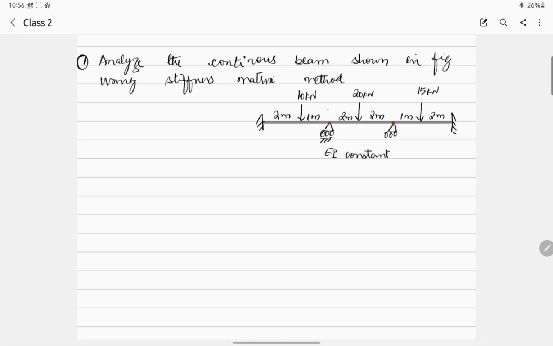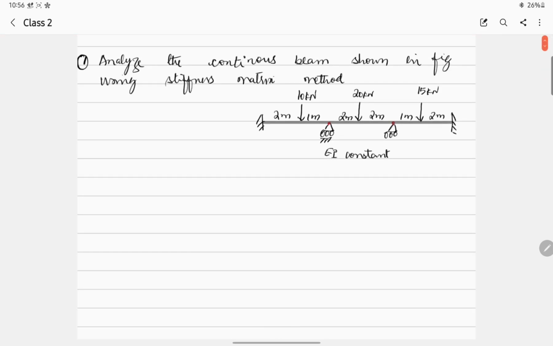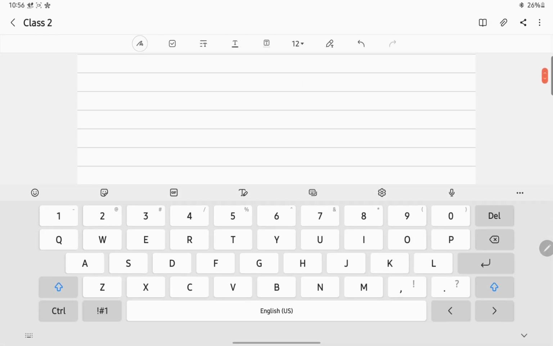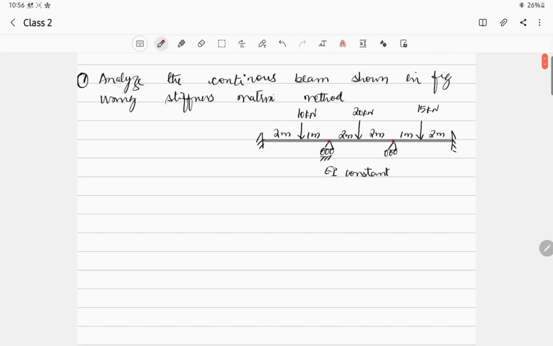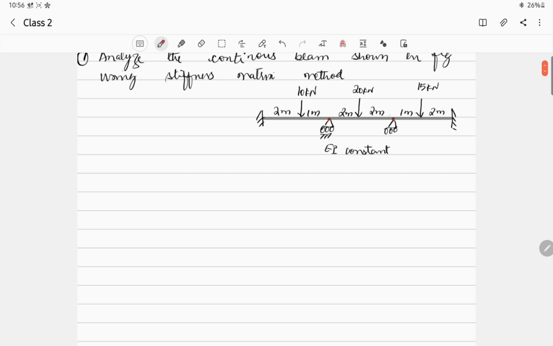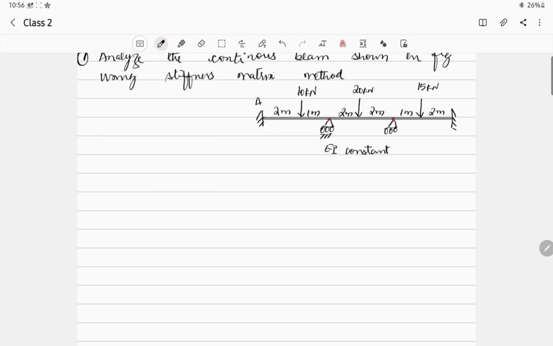So theta A will exist in this problem. I'll name this point as A, this point as B, and C and D.